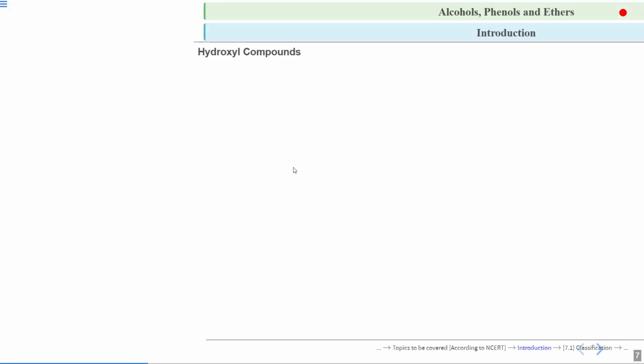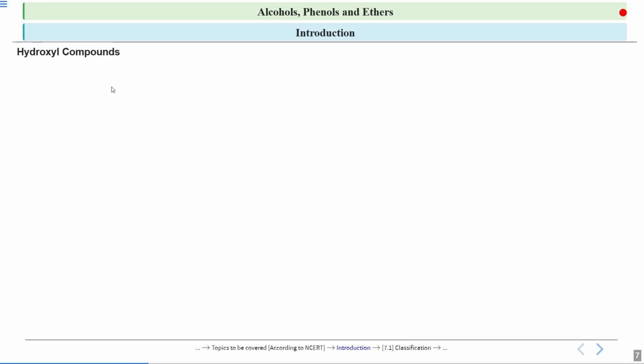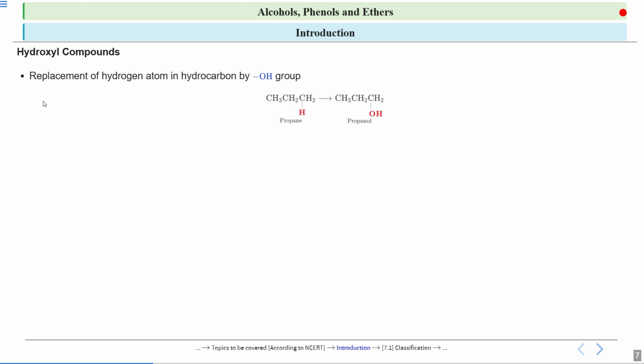Okay, so let's start with a little introduction about the hydroxyl compounds. Hydroxyl means OH group. So replacement of a hydrogen atom in a hydrocarbon by the hydroxyl group gives you the alcohol. Alcohol means there is a presence of a hydroxyl group in our molecule after the replacement of a hydrogen atom from the molecule.